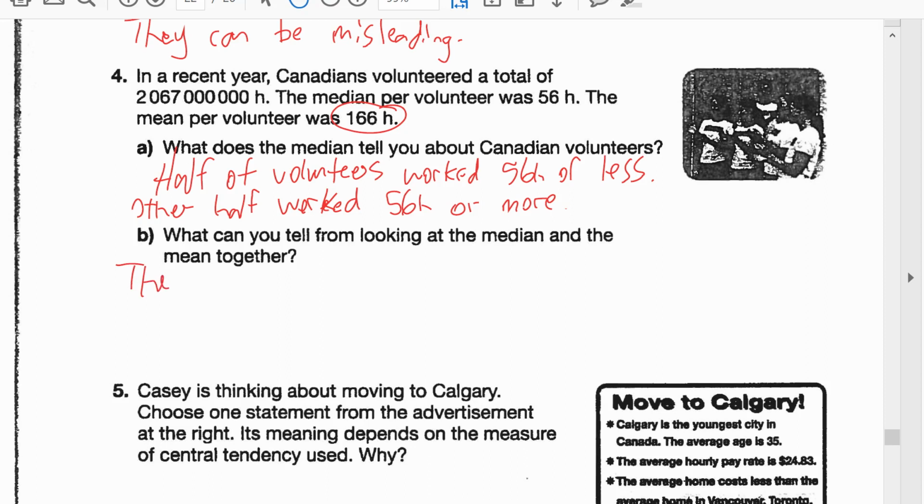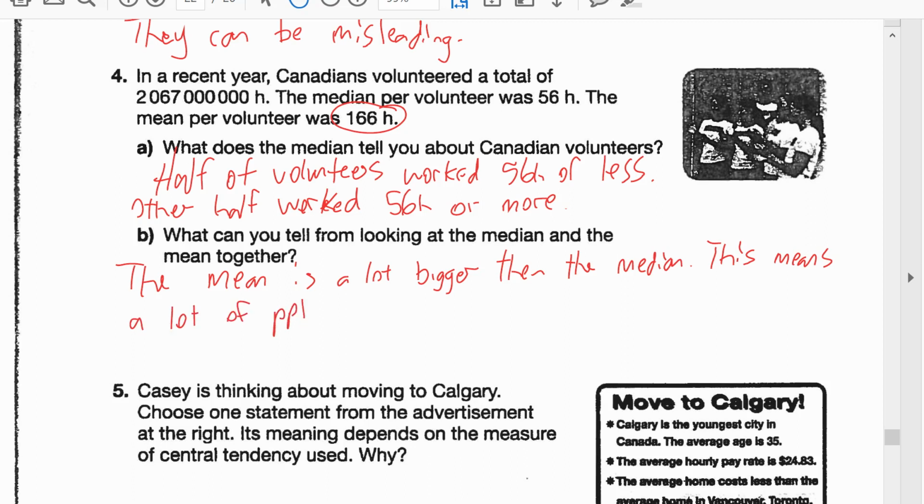So the mean is a lot bigger than the median.